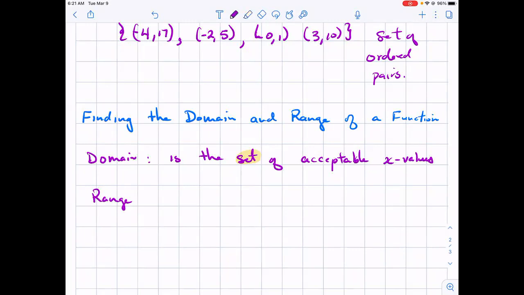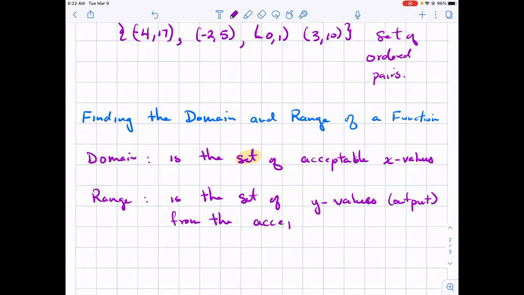The range is the set of y values or output from the accepted values.